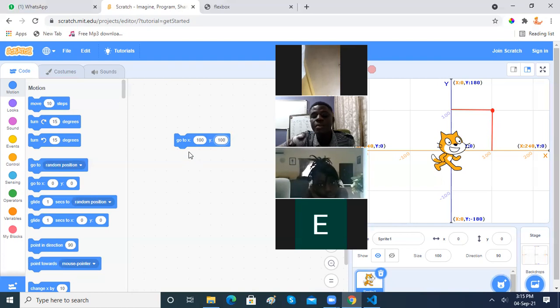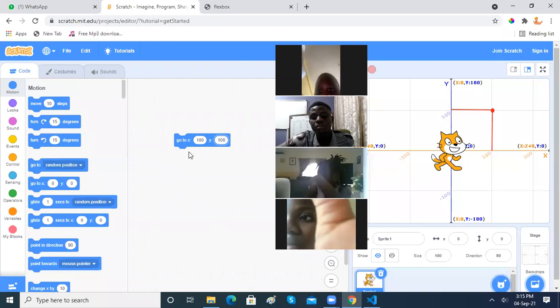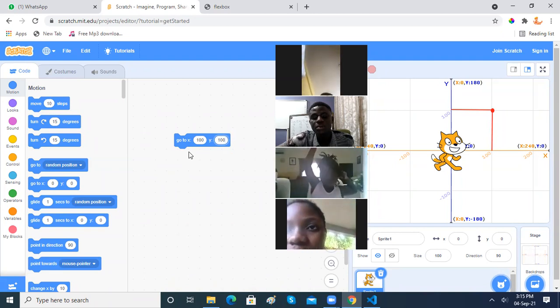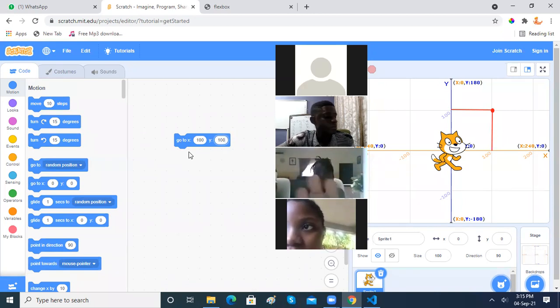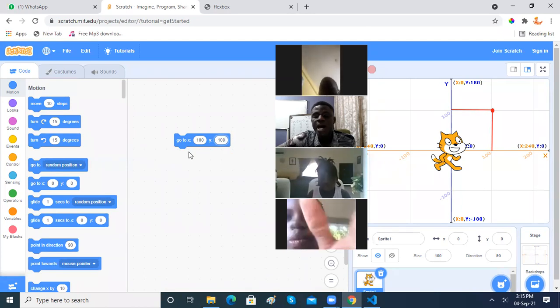Who can tell me? The cat. It will be moving. Moving to where? It will be moving to where the dot is, Audrey. Right.